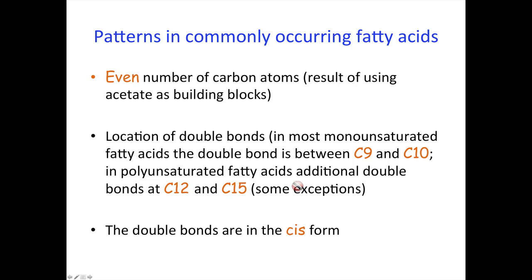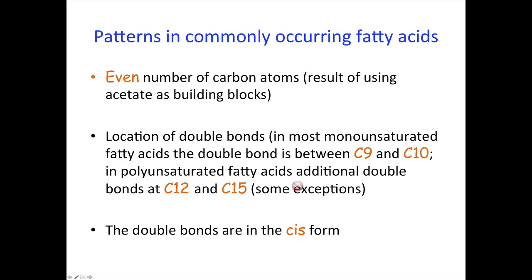Now, patterns in commonly occurring natural fatty acids. Naturally occurring fatty acids will have an even number of carbon atoms. We will see that in more detail when you do the level 2 courses, where we look at metabolism. You'll see that it's the result of using acetate, which is a 2-carbon molecule, as the building block.